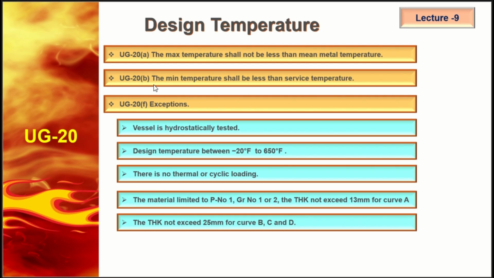For now, just remember these points. If our pressure vessel satisfies all these conditions, there is no need to do impact testing. If it does not satisfy any one of these points, we must do impact testing to find out the material strength at low temperature conditions.